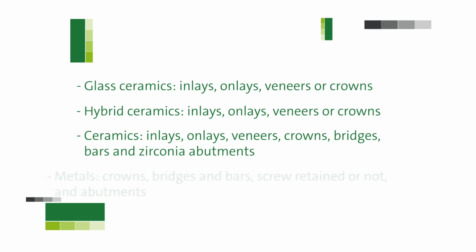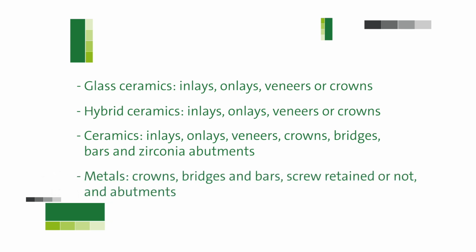Then we have metal for crowns, bridges and bars, screw-retained or not, and abutments. Other materials used more usually for temporary restorations, abutments and splints are the polymers such as wax, PMMA and PEEK. PEEK is a lightweight alternative to traditional metal framework, is steam sterilizable and highly biocompatible, providing high flexibility. This material is strong and durable, indicated for up to final full arch restoration.